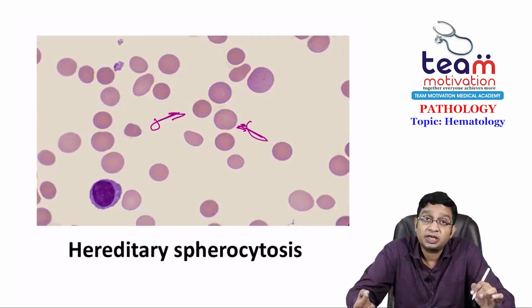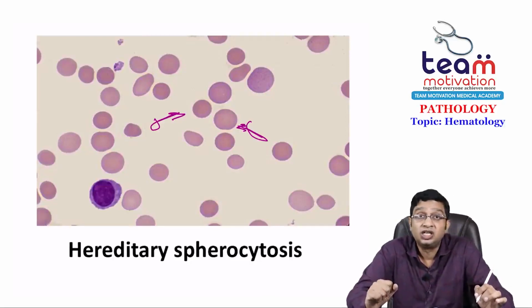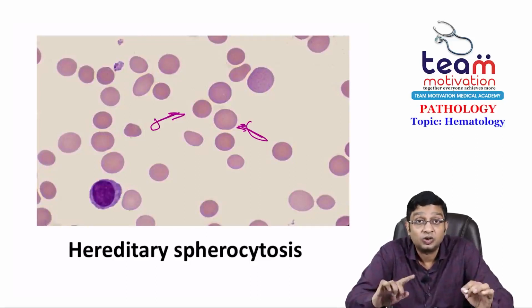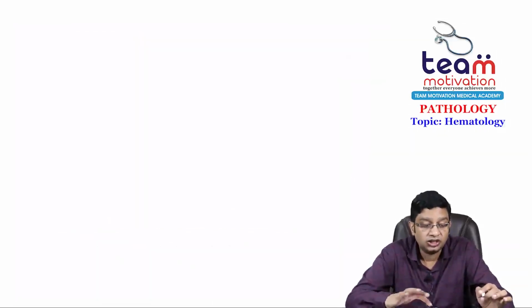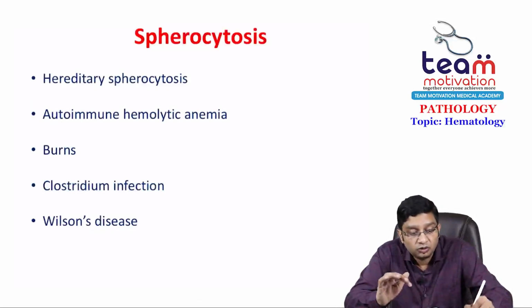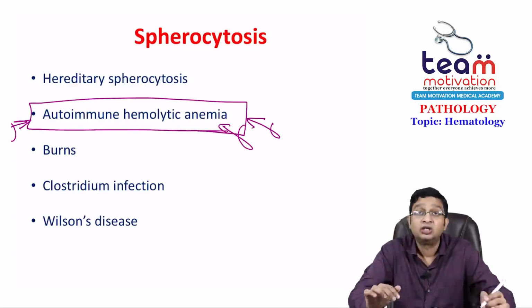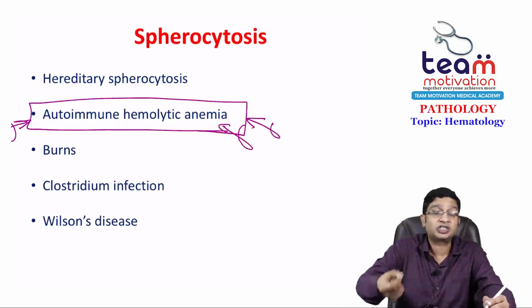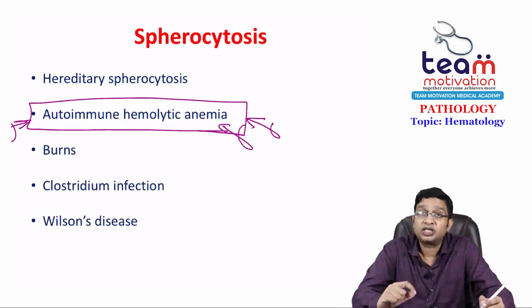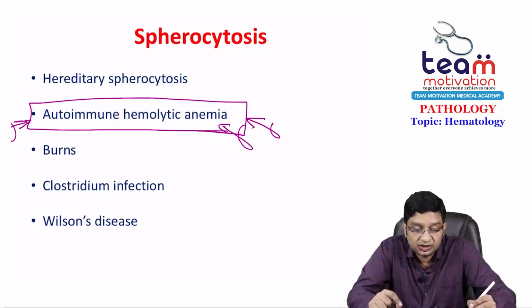Now spherical shaped RBCs, are they only seen in hereditary spherocytosis? No. They are also seen in autoimmune hemolytic anemia, and this is very, very important. In autoimmune hemolytic anemia, both warm antibody type as well as cold antibody type, what you get is spherical shaped RBCs.